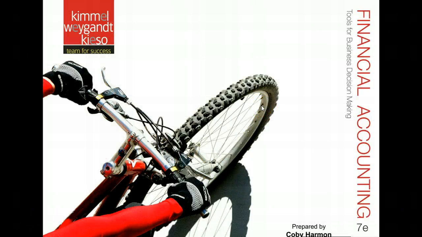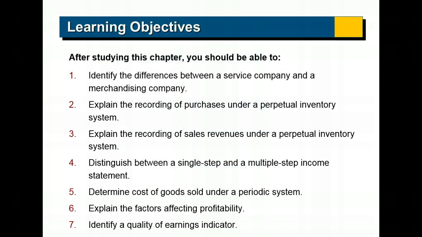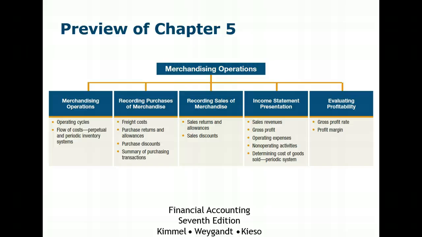Chapter 5 is dealing with when we have inventory. So when we have inventory, we deal with different accounts, and we're going to talk about that. So basically, in dealing with merchandising, such as Macy's, we deal with purchasing inventory for resale, and then when someone purchases the inventory, we need to take into account the sale on that inventory along with what inventory was sold.